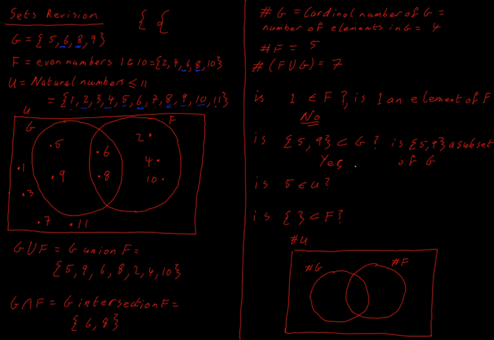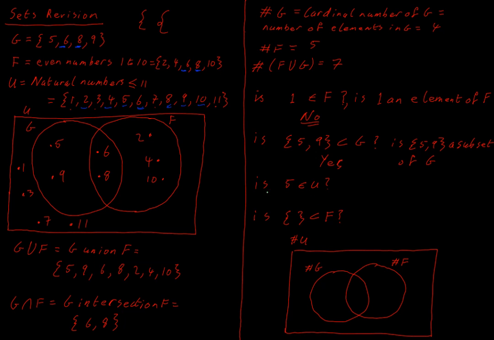That's yes, it's a subset. So is it a group within our larger group? Say the boys or the girls in our class. So our class is our set, and the girls in our class could be the subset of that bigger set.